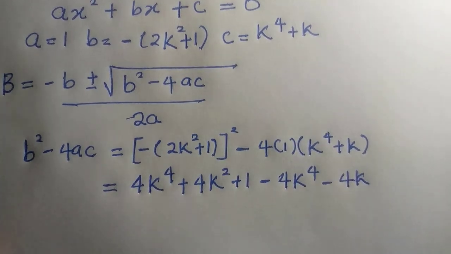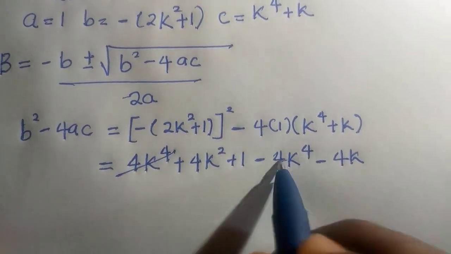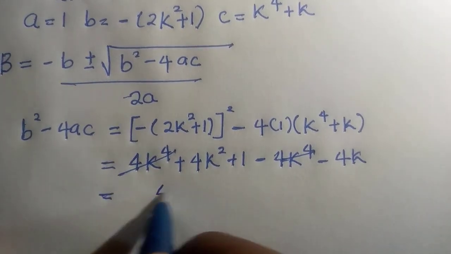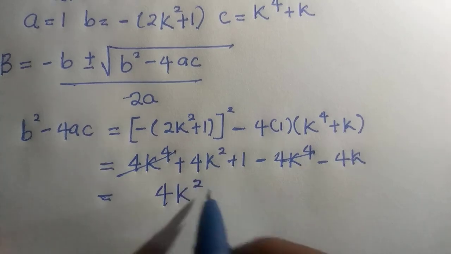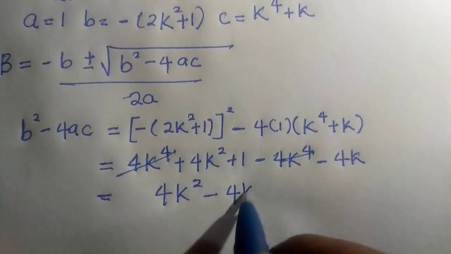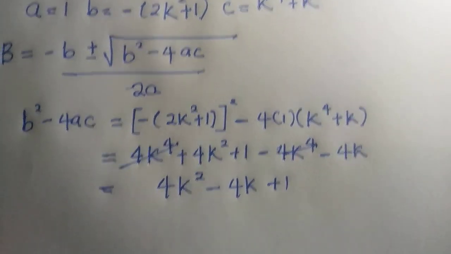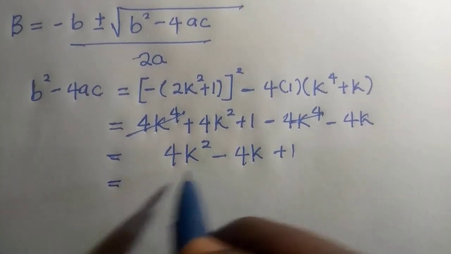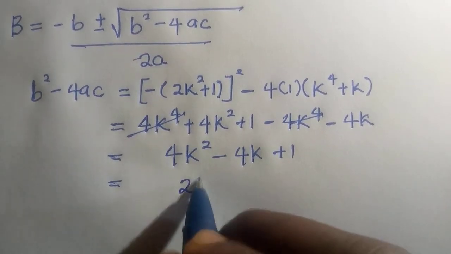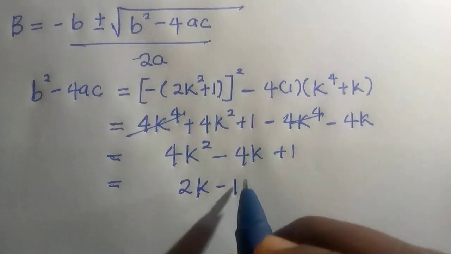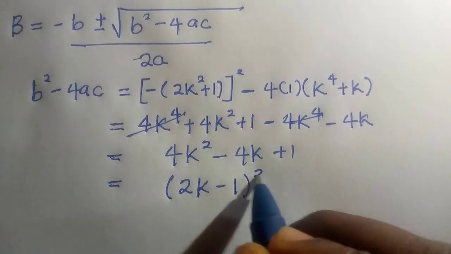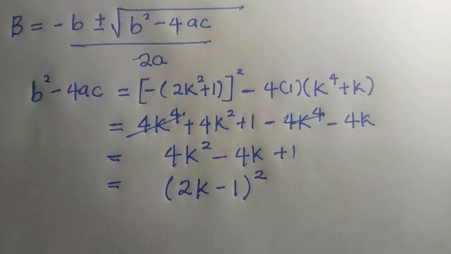Here's what we are going to have for this. So if this and this cancel, we are left with 4k^2 minus 4k plus 1. We write this as (2k - 1)^2. That is the expansion of it.